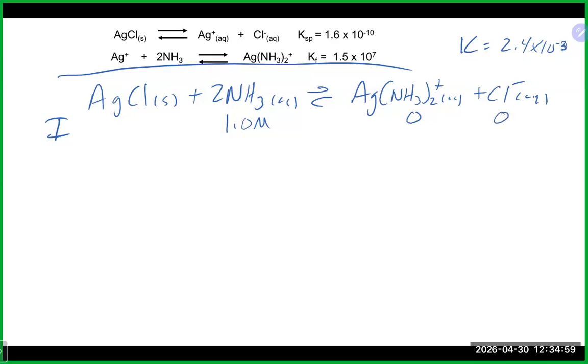Now, a little different in this sort of combo reaction. We normally in a KSP don't do anything on the left-hand side, but we do have ammonia that's aqueous, so we do need to do something with it.